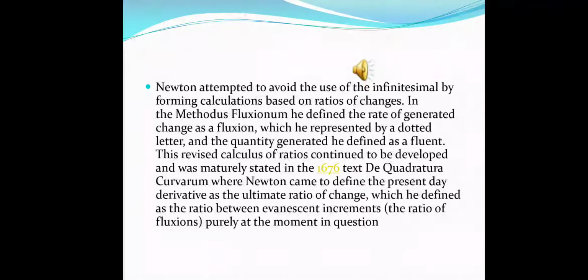This revised calculus of ratios continued to be developed and was maturely stated in the 1676 text De Quadratura Curvarum, where Newton came to define the present derivatives as the ultimate ratio of change, which he defined as the ratio between evanescent increments, the ratio of fluxions, purely at the moment in question.